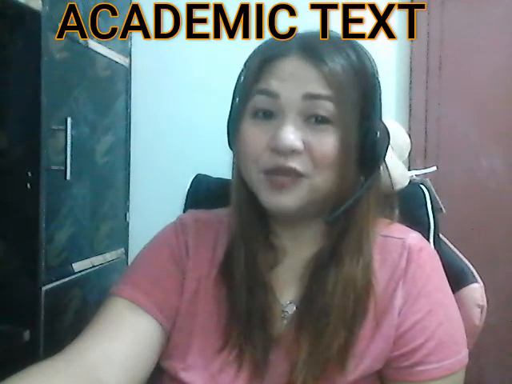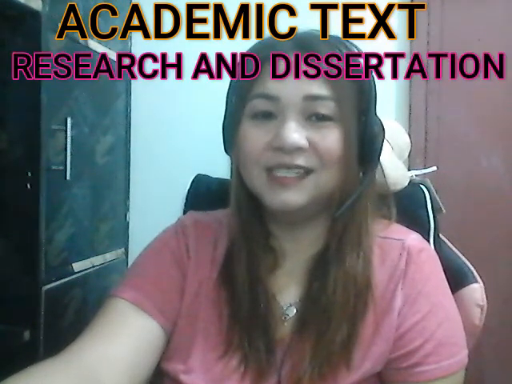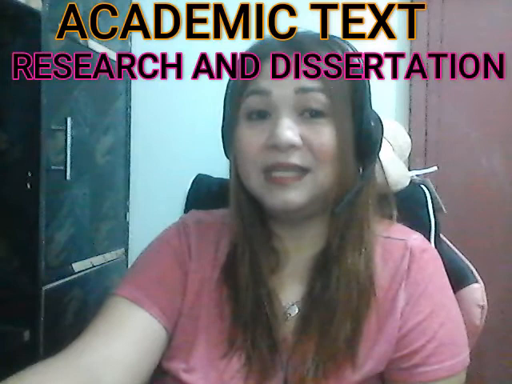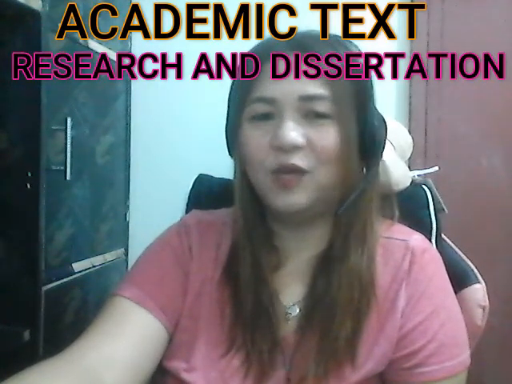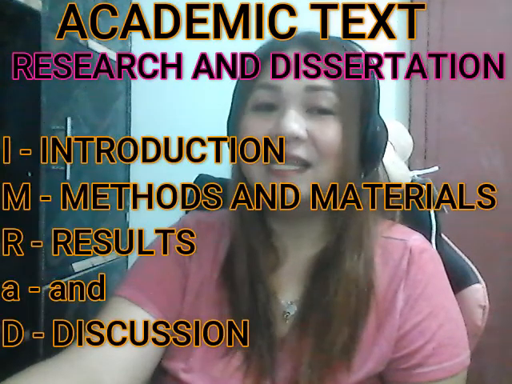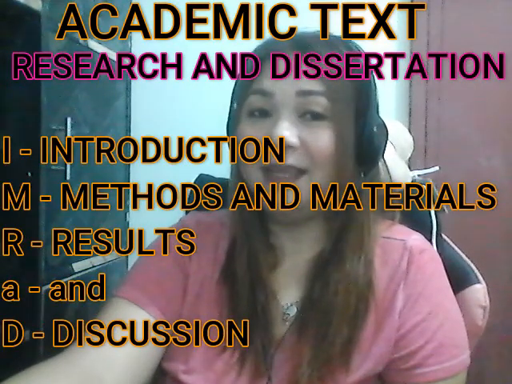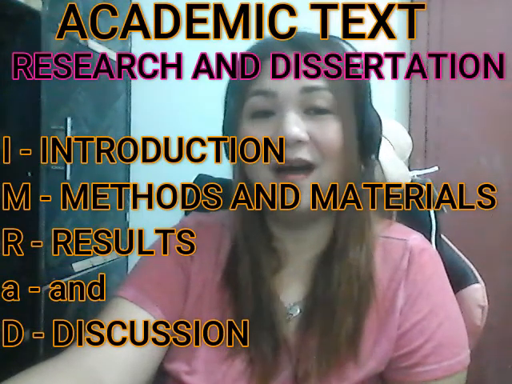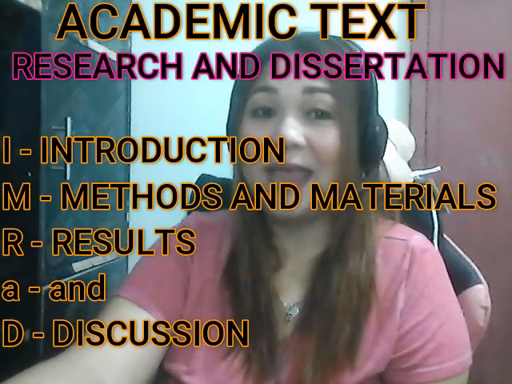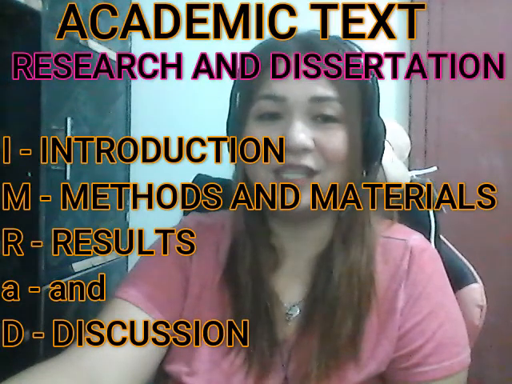When it comes to research or dissertations, your material should adhere to or follow the IMRAD model. What is an IMRAD structure? This is an acronym for I, Introduction; M, Methods and Materials; R, Results; A, And; and D for Discussion.